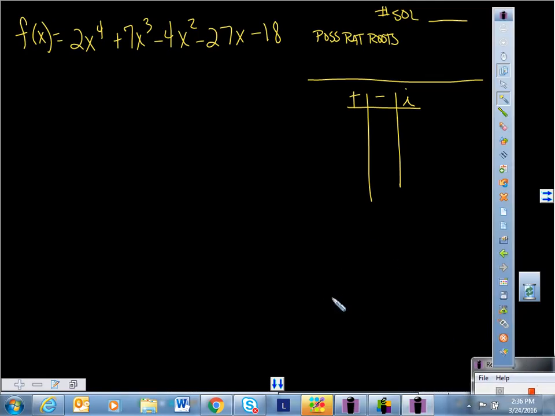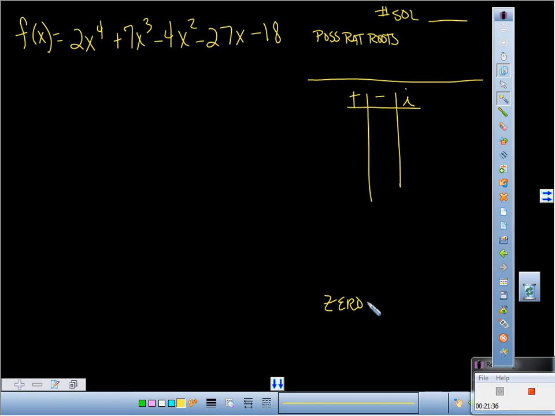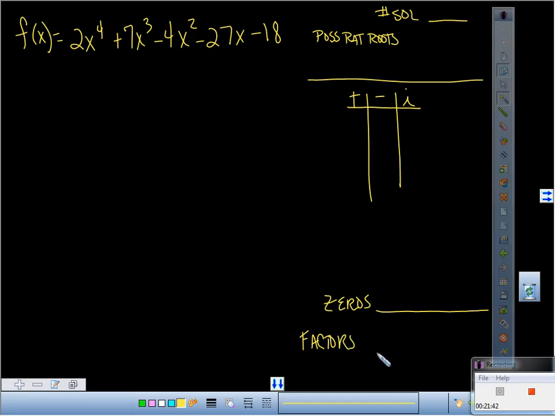Then I'm going to say, can you find the zeros of this polynomial? And can you list the factors of this polynomial? And then I'm going to want you to graph it.